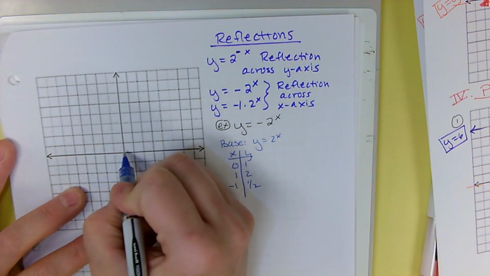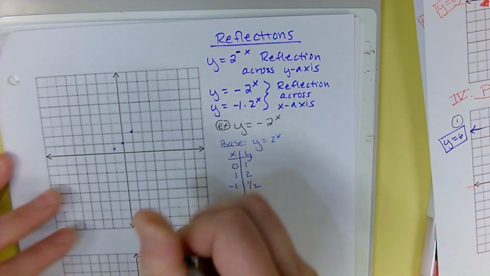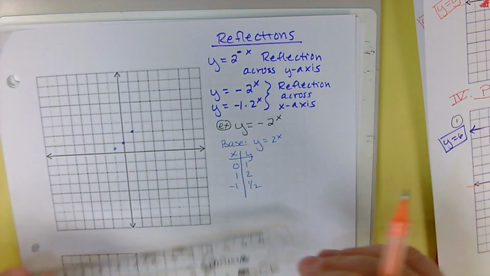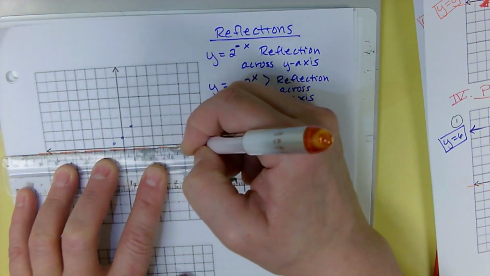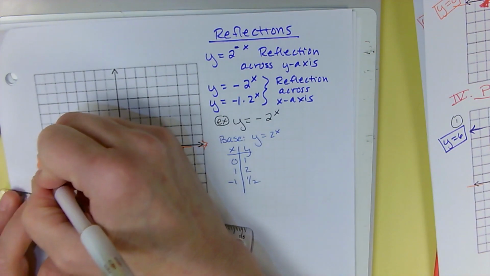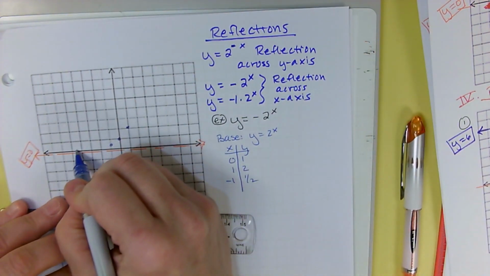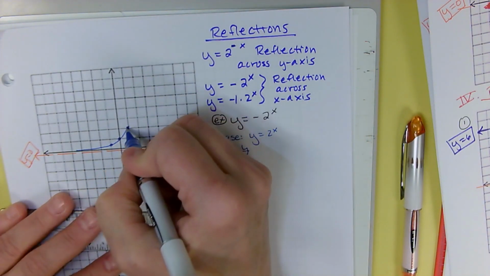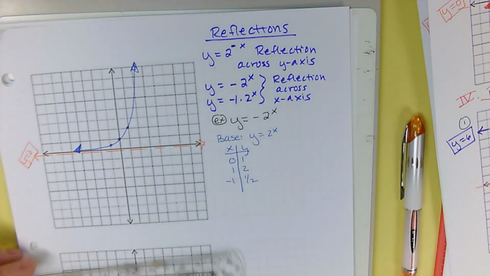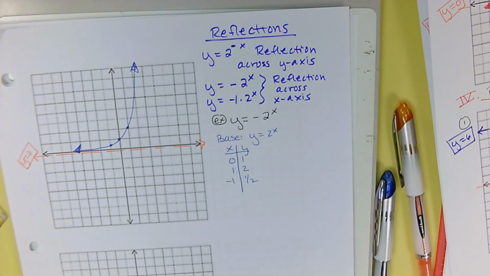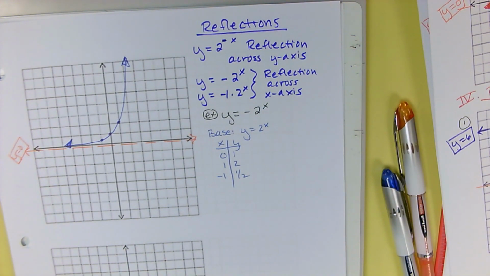So plot those 3 points and put your asymptote in there. All right, so we plot the base graph.